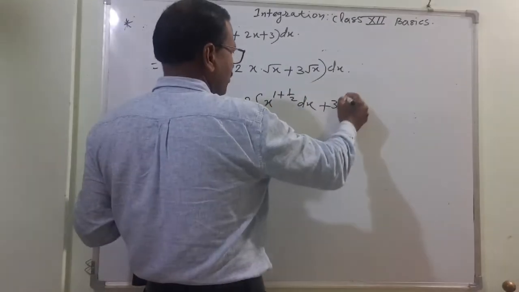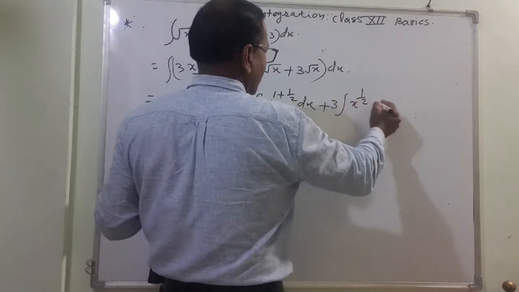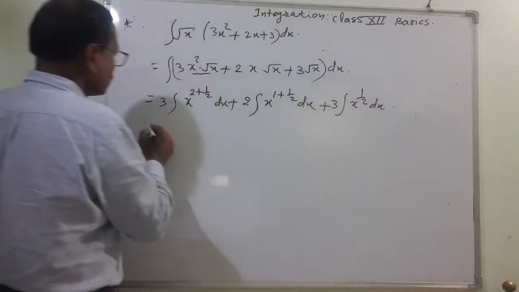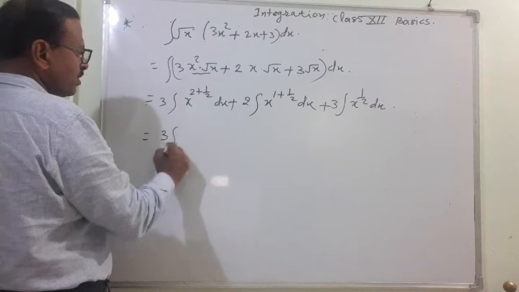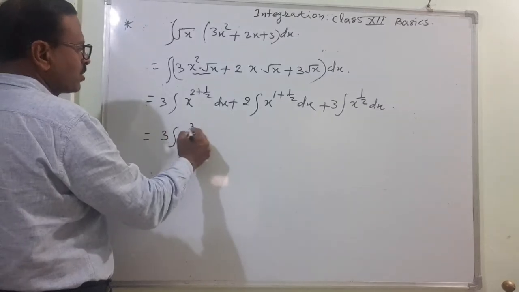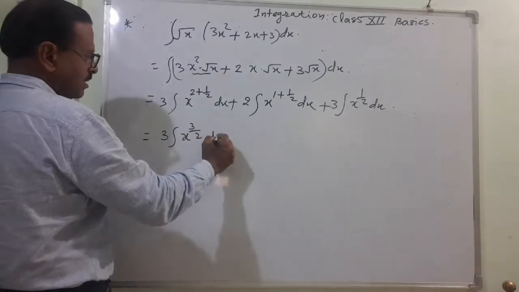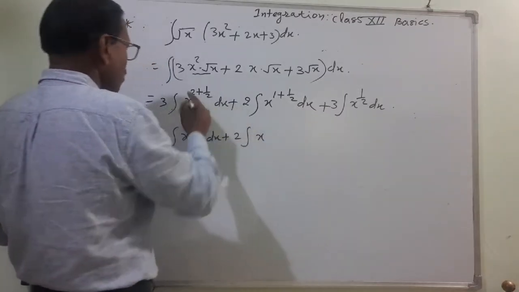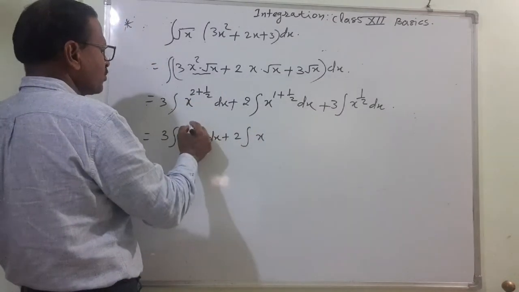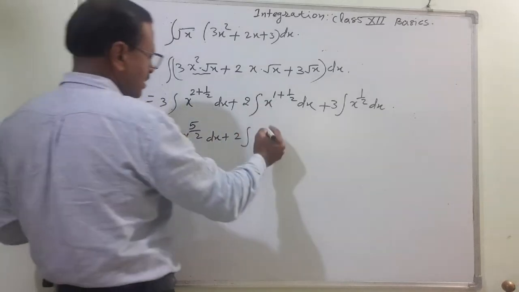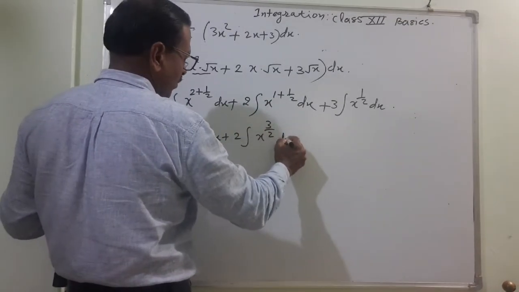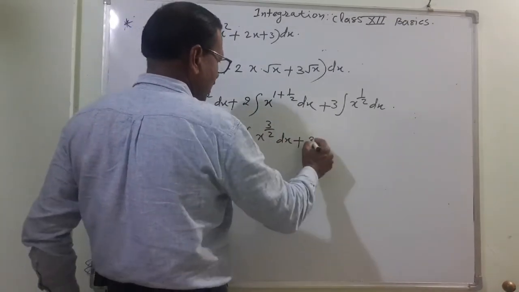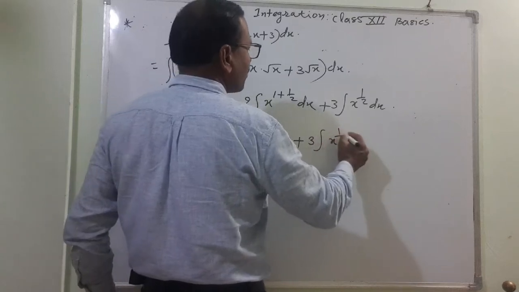Plus 3 into integration of x raised to half dx. So that is equal to 3 into integration of x raised to 5 by 2 dx, plus 2 into integration of x raised to, not 3 by 2, it is 3 by 2 dx, plus 3 integration of x raised to half dx.